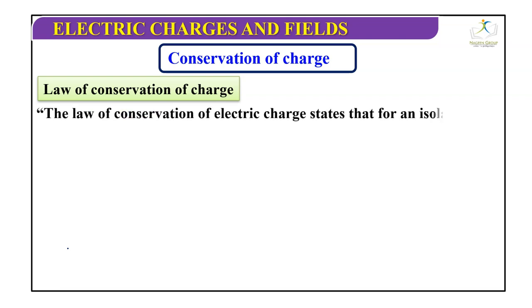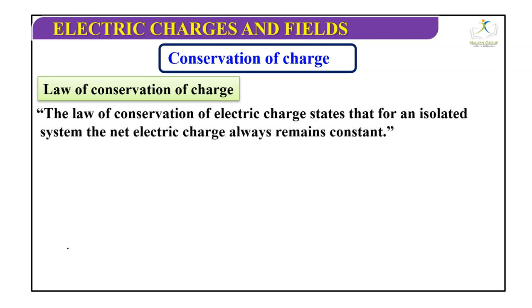The law of conservation of charge states that for an isolated system, charge can neither be created nor destroyed. That means in an isolated system, the electric charge remains constant. Simple.